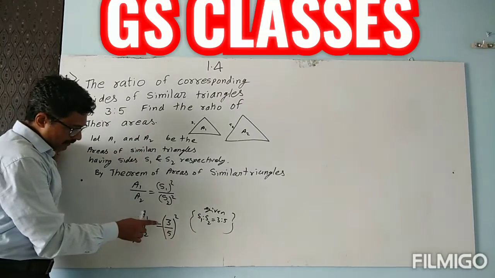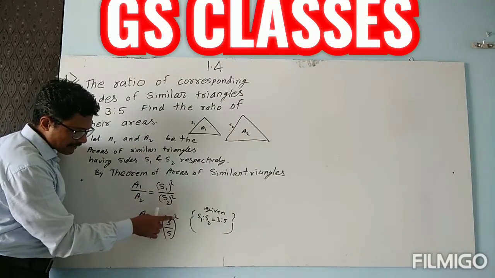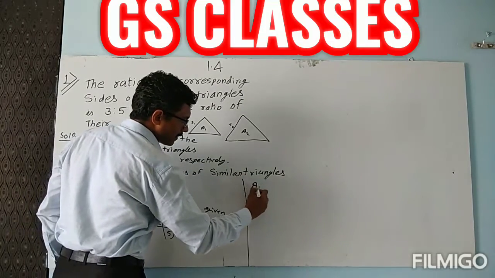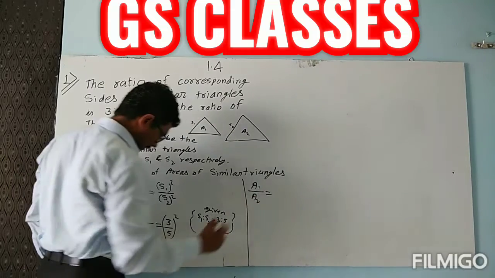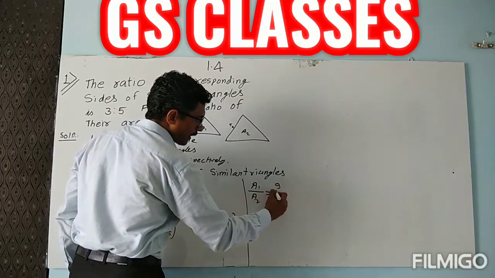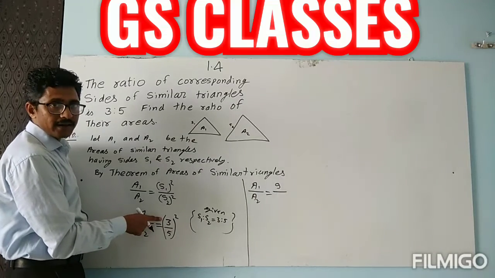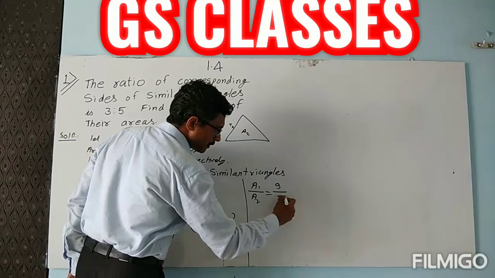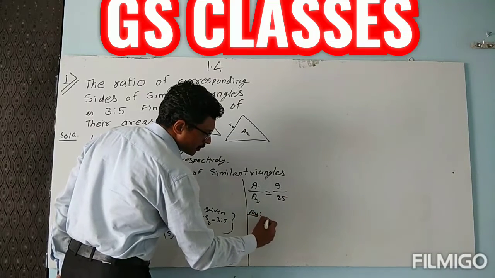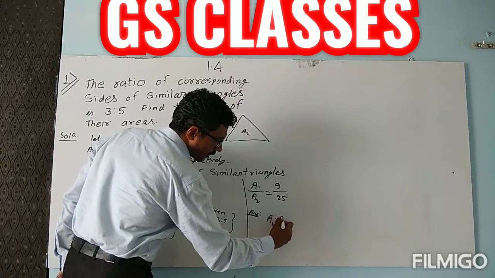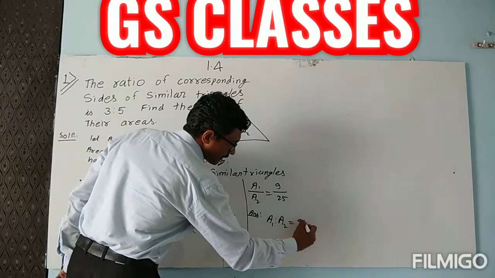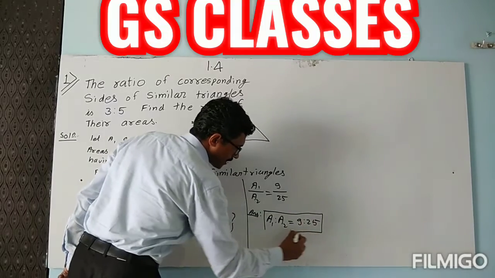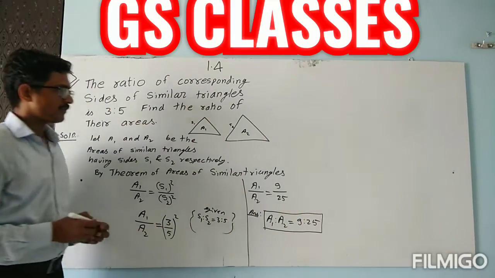So A1 upon A2 equals 3 squared, 9, upon 5 squared, 25. So your final answer is A1 is to A2 is 9 is to 25. Children, always put your final answer in the box.